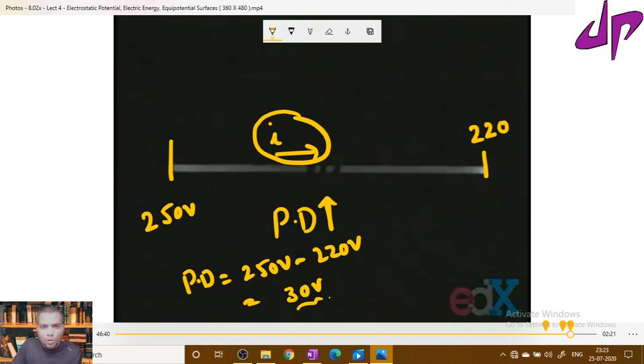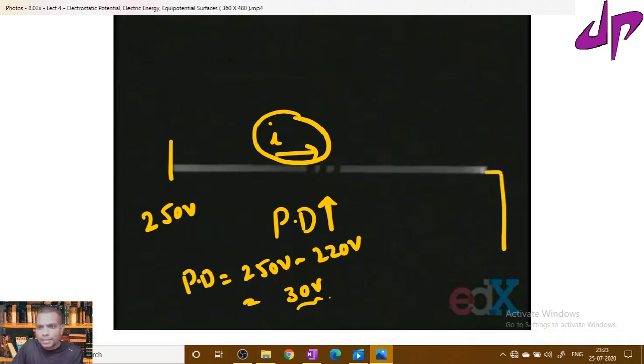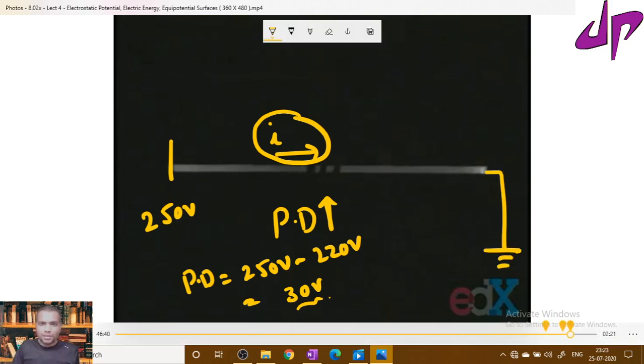To make it glow more, suppose I make a ground connection. If I connect just like this, there is no need to connect with a wire, you can just touch one end with your finger. The professor used to do the same thing.